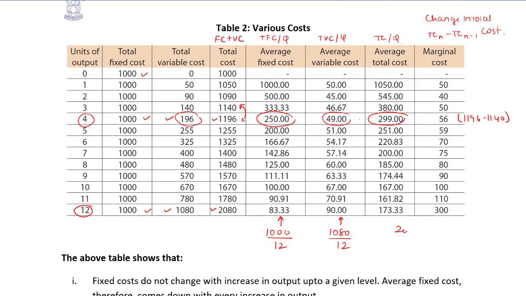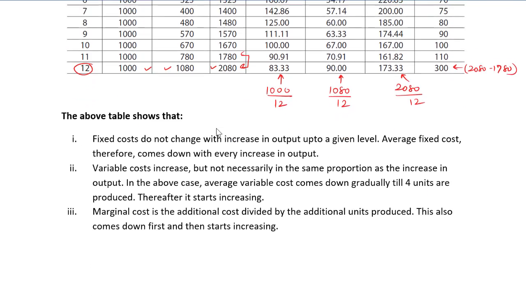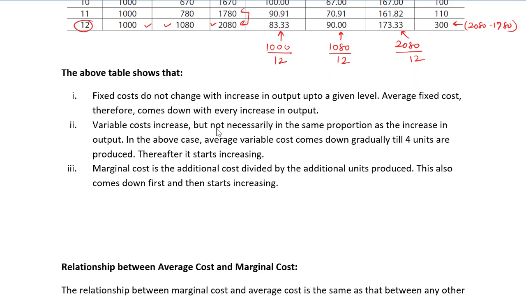Average total cost is 2080 divided by 12, that will give you 173. I believe you understood. It is clear what we have concluded from the above table.